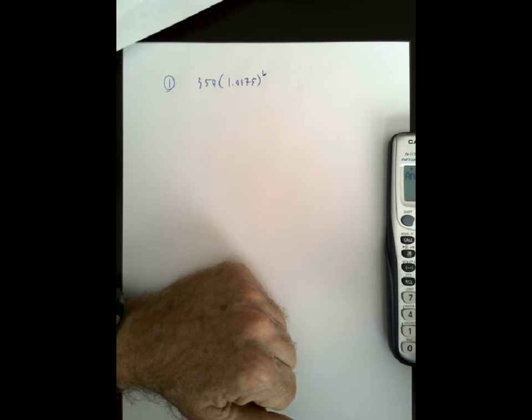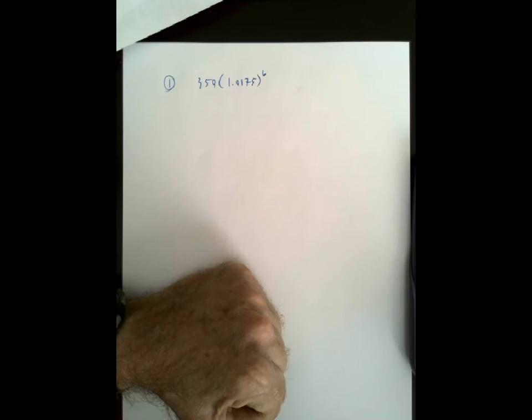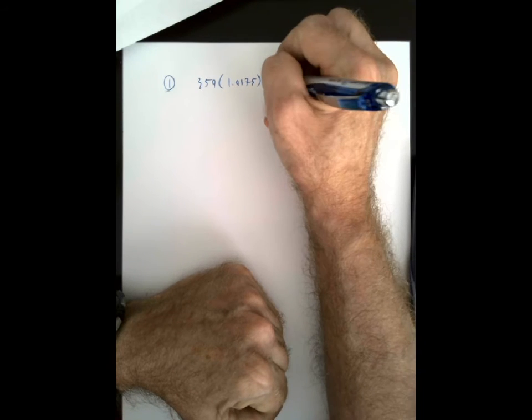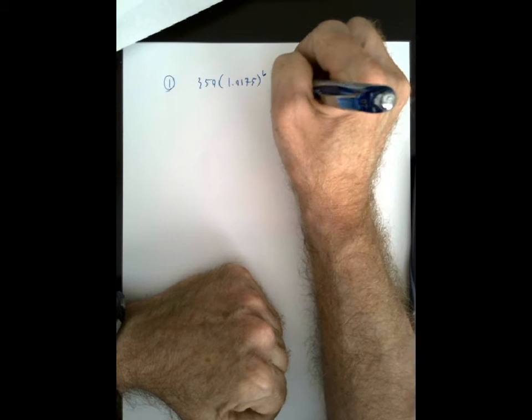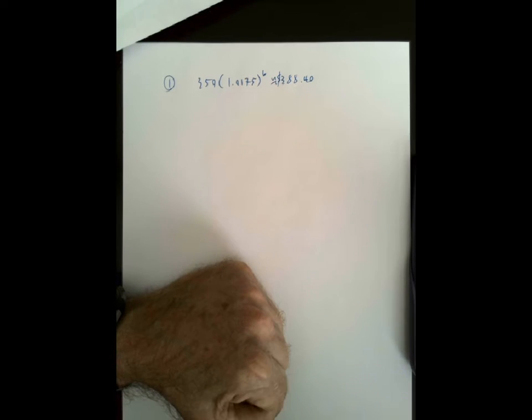So 1.0175 exponent 6, do it on the calculator, of course, and then times 350. I'm getting here after 6 years, rounded off, $350.40.